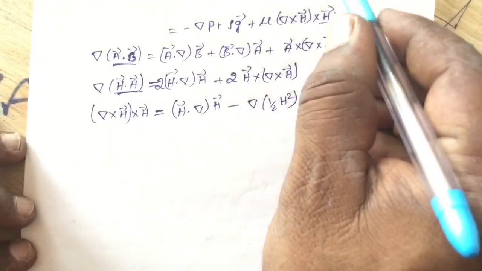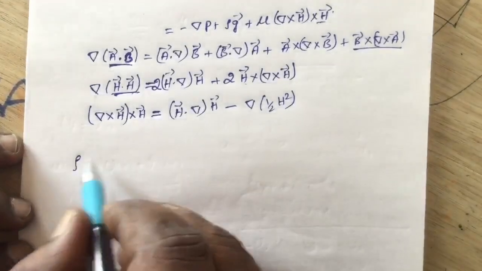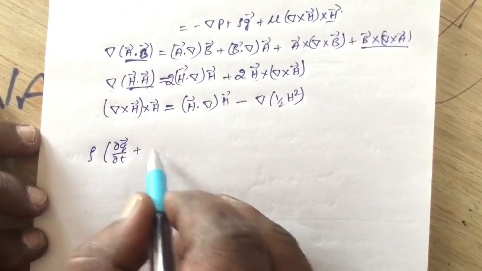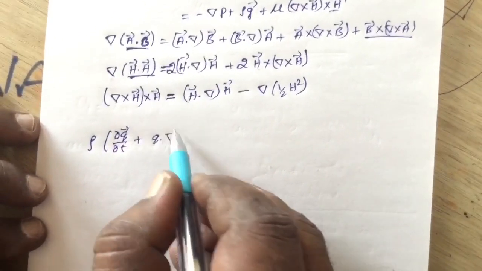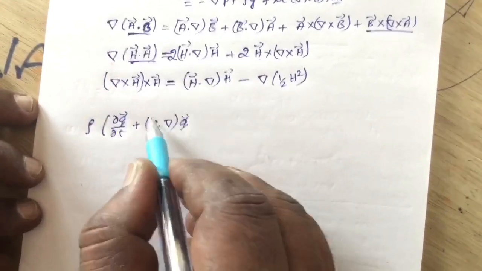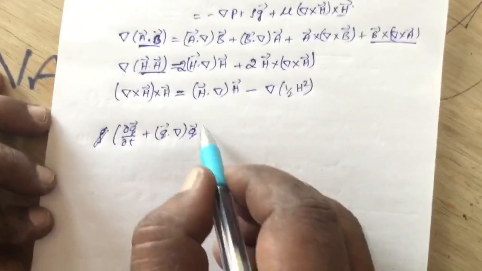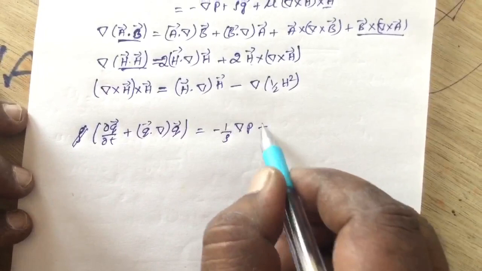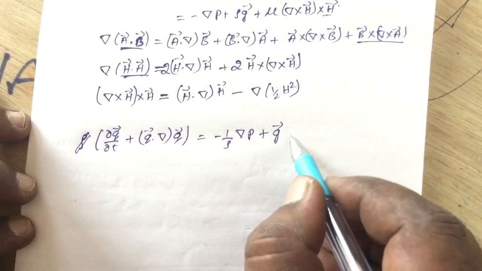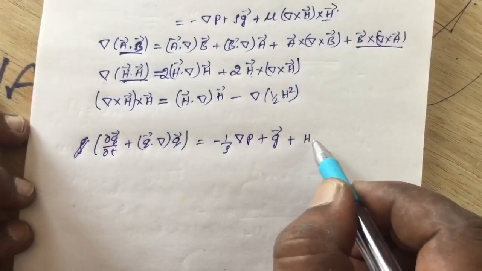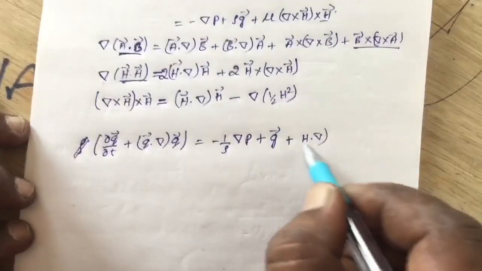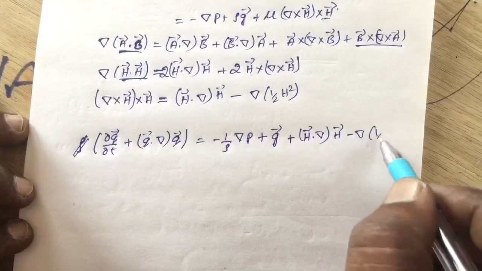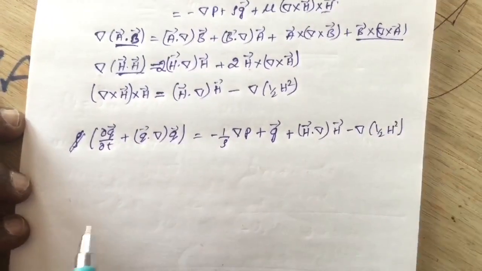Now substituting this, we get rho into (del q by del t plus q dot del of q). Dividing by rho, we get minus 1 by rho into gradient of p plus g plus H dot del of H minus gradient of 1 by 2 H square.